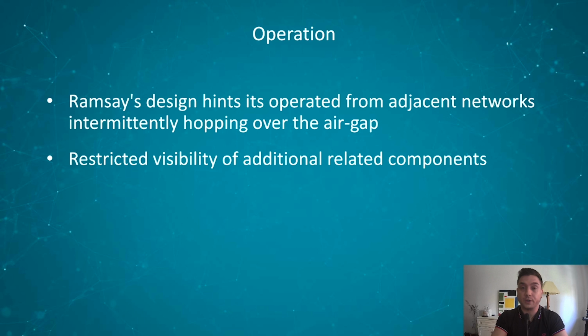Unfortunately, we had restricted visibility of additional components, meaning that although we had various instances of Ramsay, nothing really points to the fact that Ramsay will be deployed just by itself. So possibly there is an additional component in charge of different roles within a Ramsay operation.